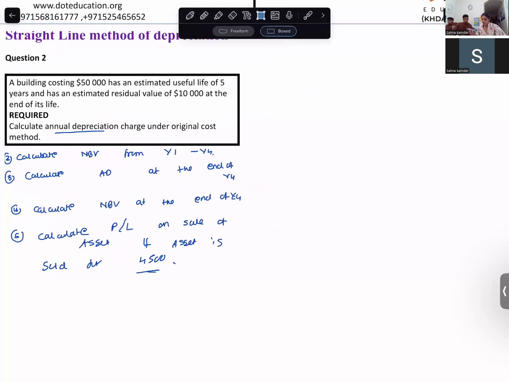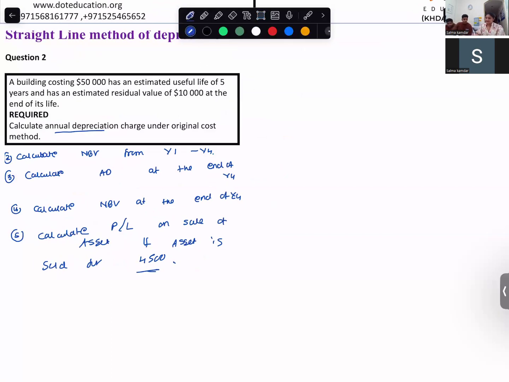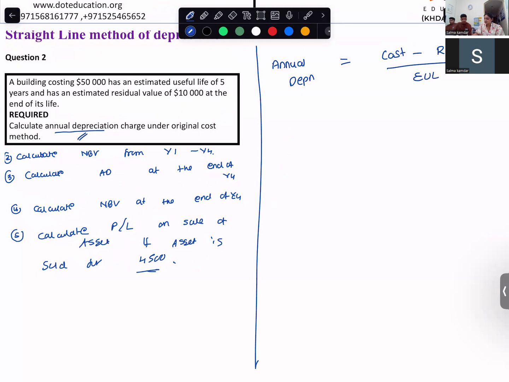So the first thing that you have to check is the annual depreciation under original cost method. When they ask you to do so, you will write the formula. Annual depreciation is equal to cost minus residual value or scrap value divided by estimated useful life. The cost of the asset is 50,000.